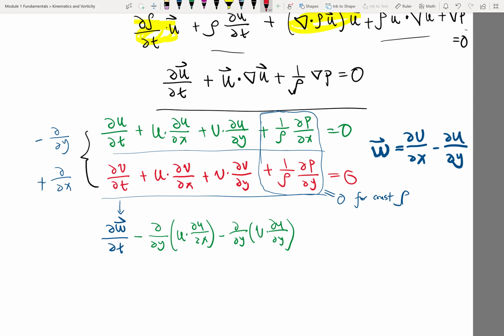And then for the second, we have plus d dx of u dv dx. Sorry, this was not clear. And then plus d dx of v dv dy.